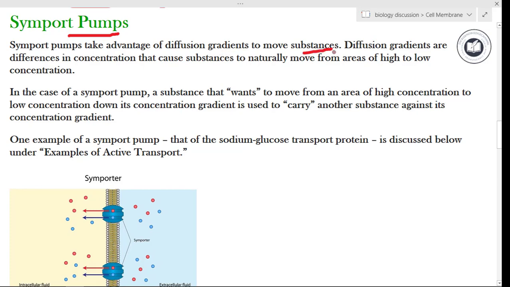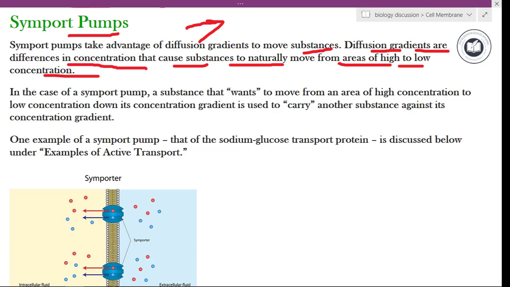Diffusion gradients are differences in concentration that cause substances to naturally move from areas of high concentration to areas of low concentration.